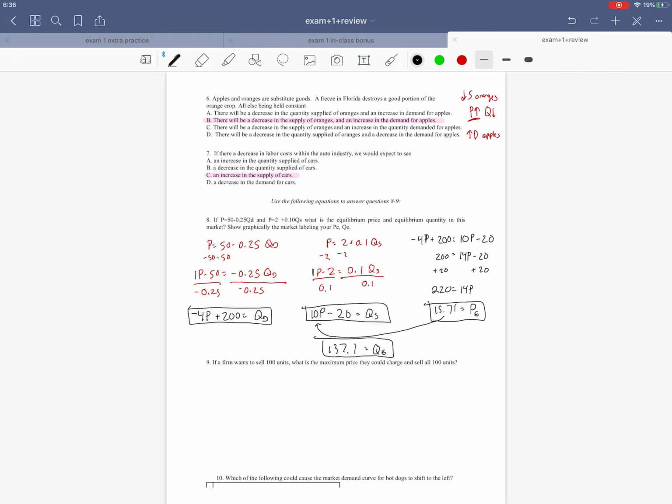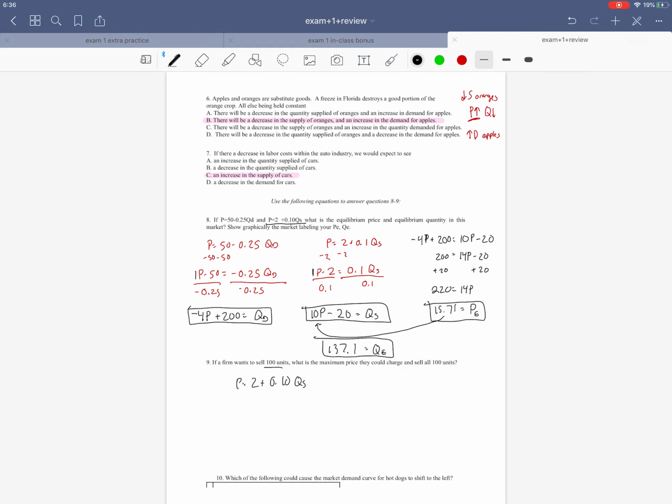Alright, so if a firm wants to sell 100 units, what is the maximum price that they can charge to sell all 100 units? We can start with our supply equation here, or we can use that inverse supply equation, that would be quicker for us. So P is equal to 2 plus 0.10 QS. And it says that they want to sell 100 units.